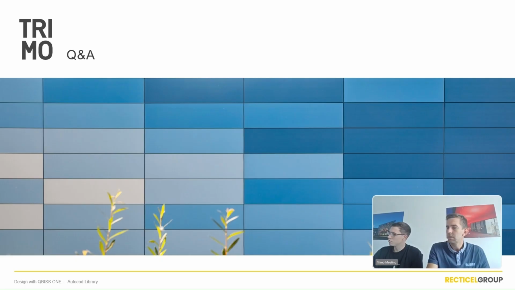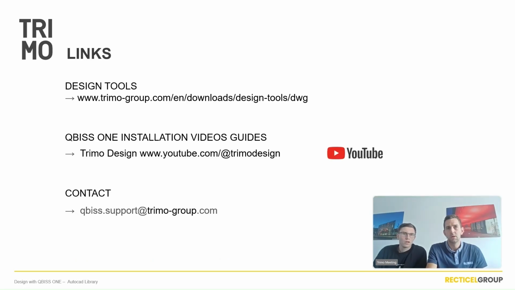We are running out of time slowly, so just perhaps move to the end. As you see, the full Trimo library is available on our website. You go under the download section, design tools.